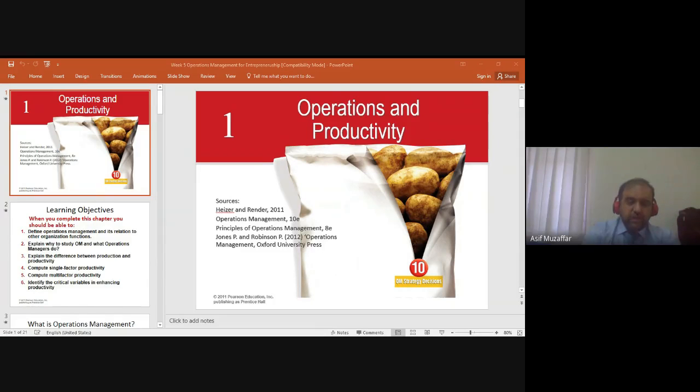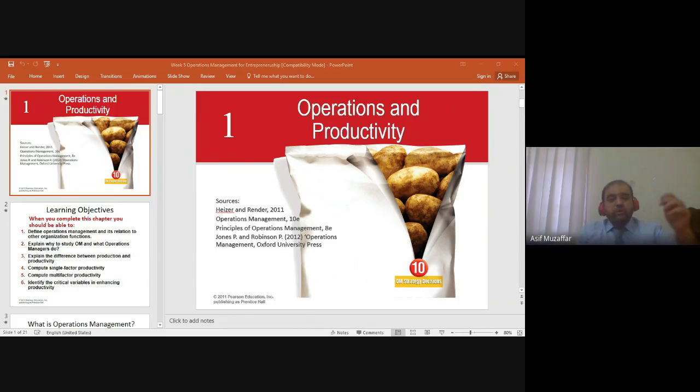Economies of scale. What is economies of scale? Economies of scale is that for every company, when they are producing more units, the cost of one unit becomes less. For example, this pen, for a company, the cost of this pen is 1 real, let's say. So they will sell it in the market for, let's say, 2 real.